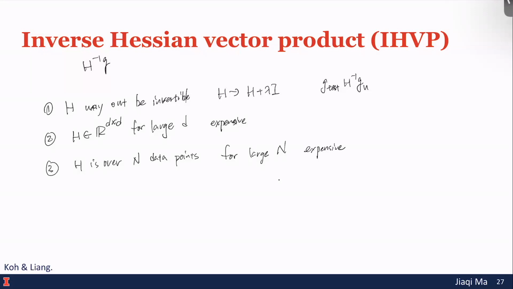What I'm going to show for the rest of this part is methods that try to make this process efficient. At a high level, I want to mention a potential way we can mitigate this. We observe that this term H inverse G also appears in some other problems, for example, solving linear systems, right?